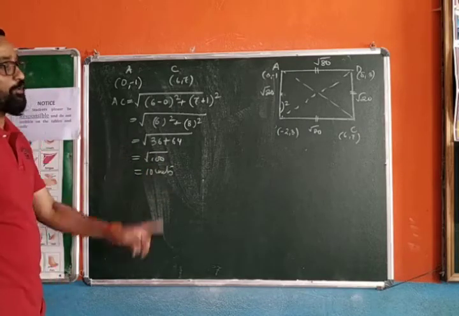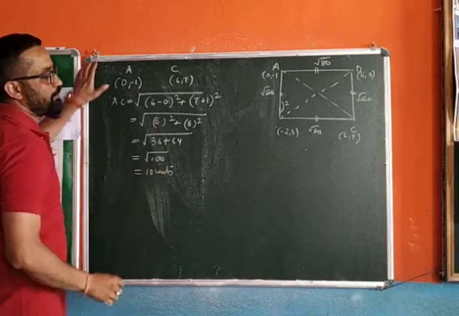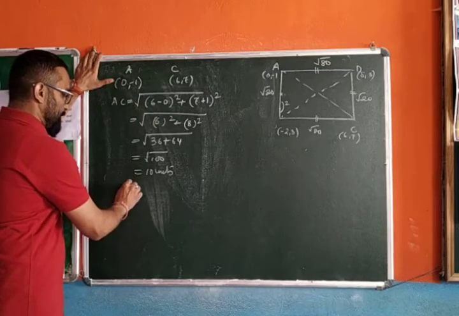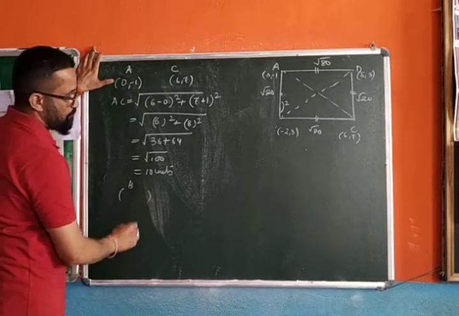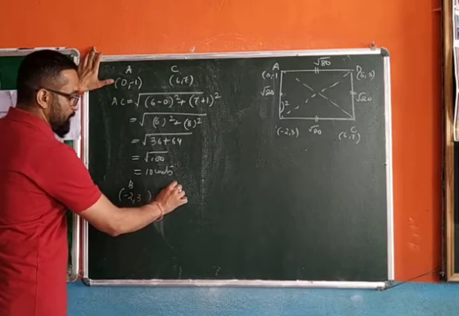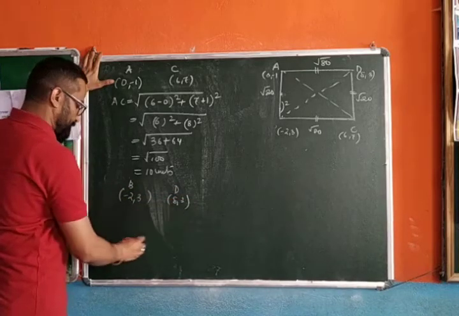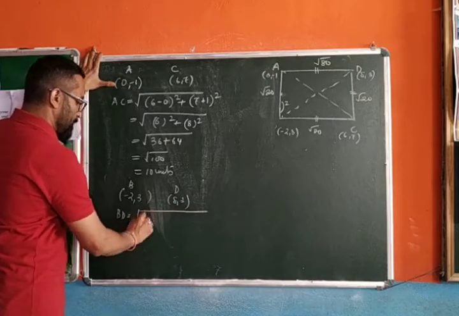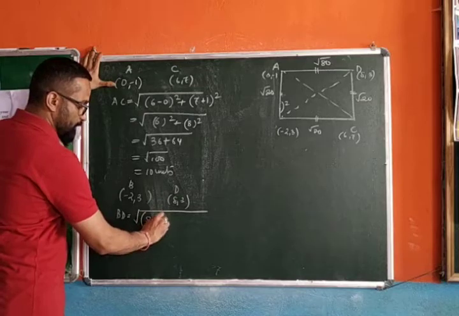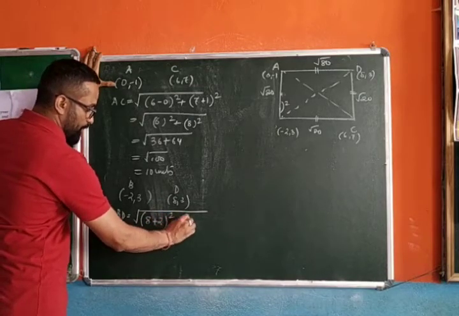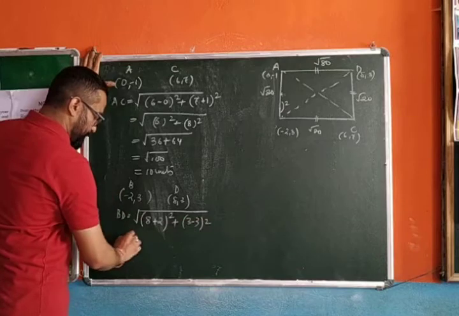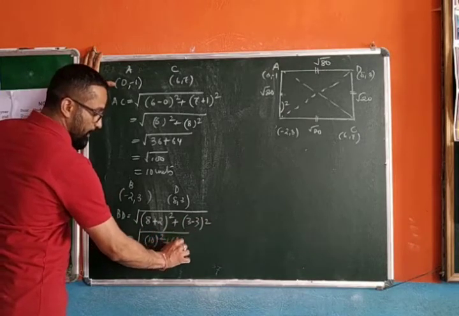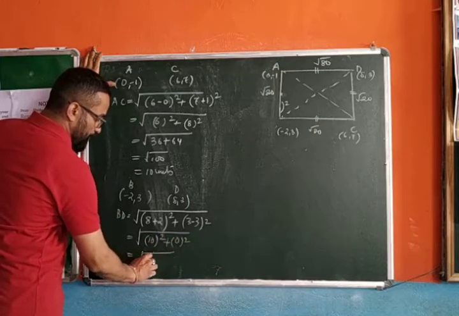We know the first diagonal. Similarly, we calculate the second diagonal, that is BD. B has coordinate (-2, 3), D has coordinate (8, 3). BD equals root of (8 minus -2) whole square, which is 10 square, plus (3 minus 3) square, 0 square, which equals 100.